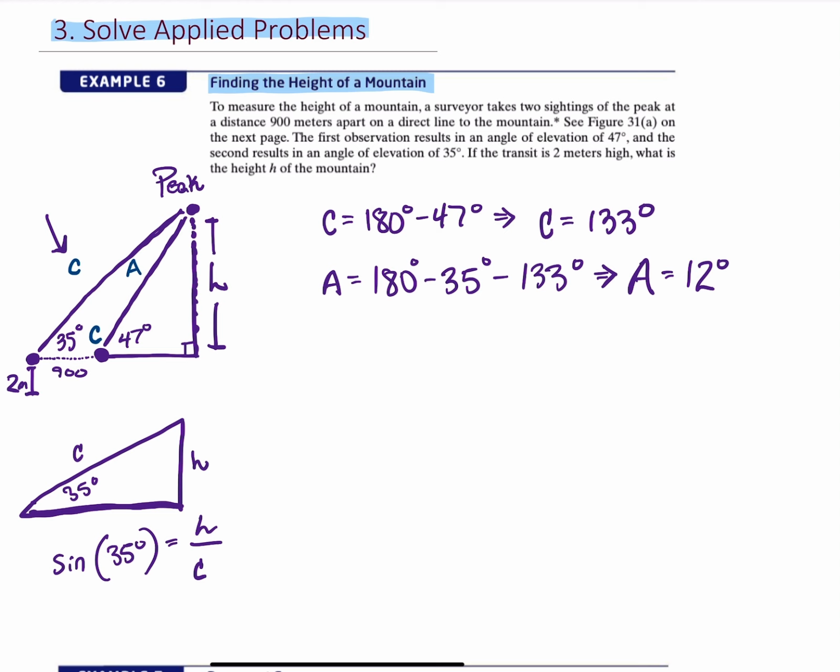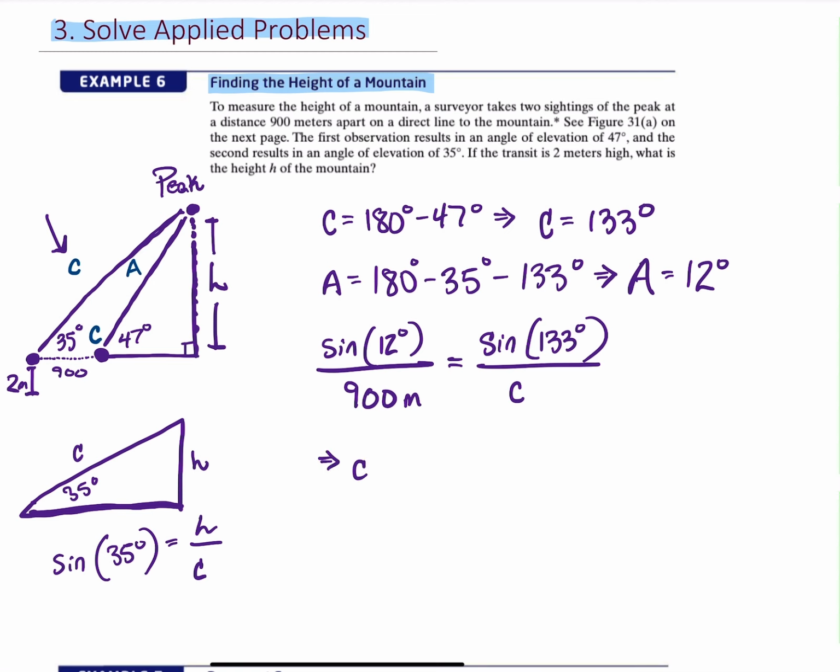We can say the sine of angle A, so the sine of 12 degrees, divided by, this would be side length A, the side length opposite of that angle, which we know is 900 meters, should equal the sine of angle C, which we just found is 133 degrees, divided by our unknown side length C. So let's rearrange that.